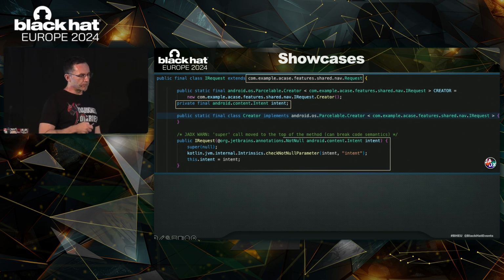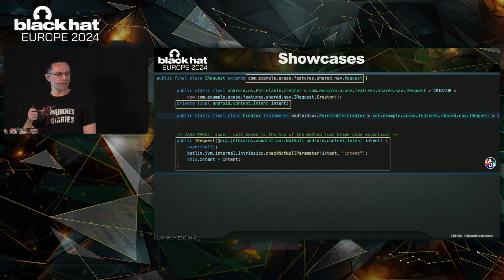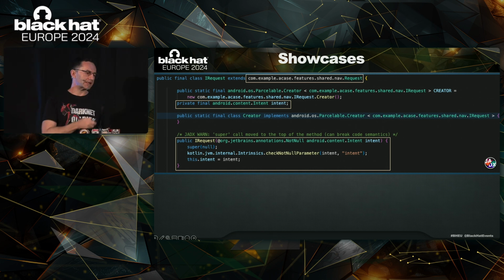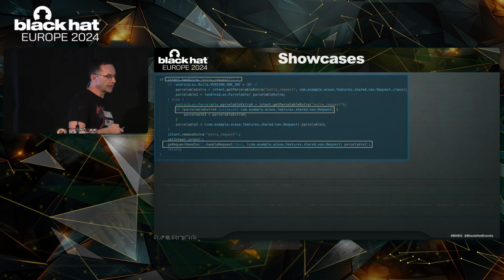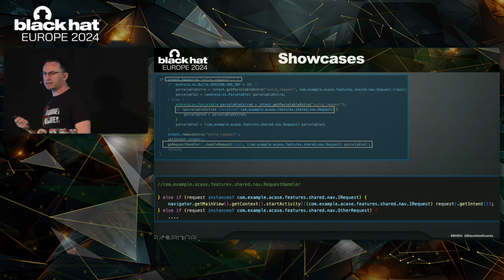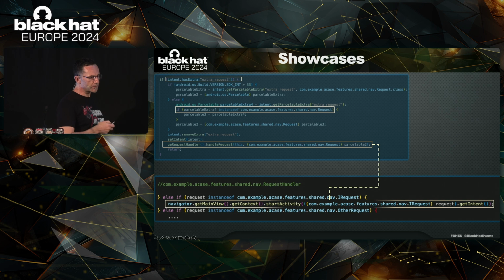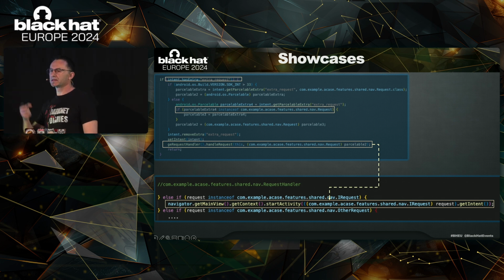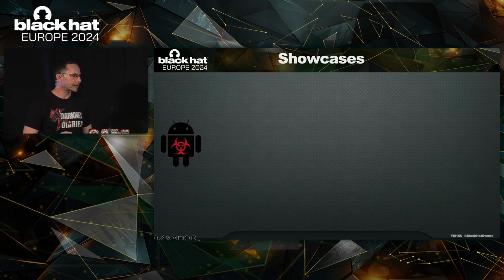So now, moving back to how this object is handled by the handle request that we saw before. It will finally inspect if it's of type iRequest, and it will be used as an argument to the start activity method. So we have a textbook case of an intent redirection in the specific case, and here is how we can exploit this specific code.